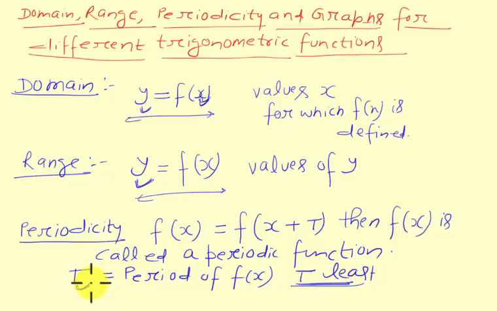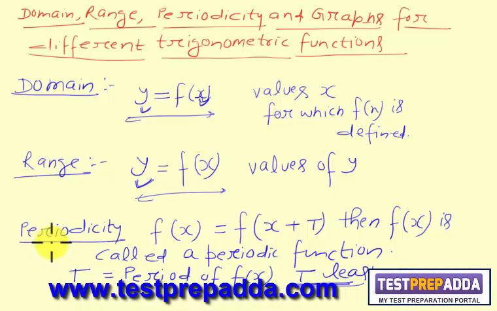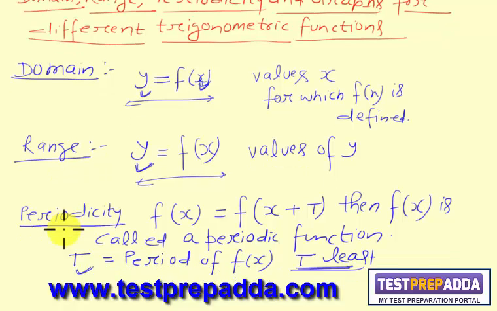So T will be the period of f(x) if T is least. So this is about domain, range, and period. Now I'll talk about domain, range, period, and graph for different trigonometric functions.